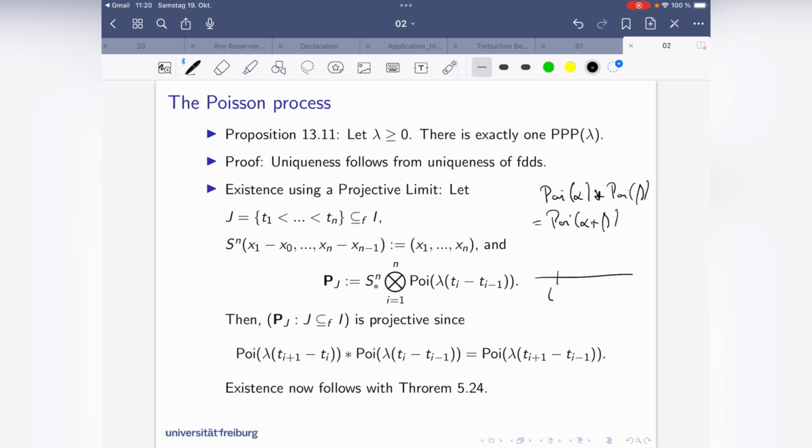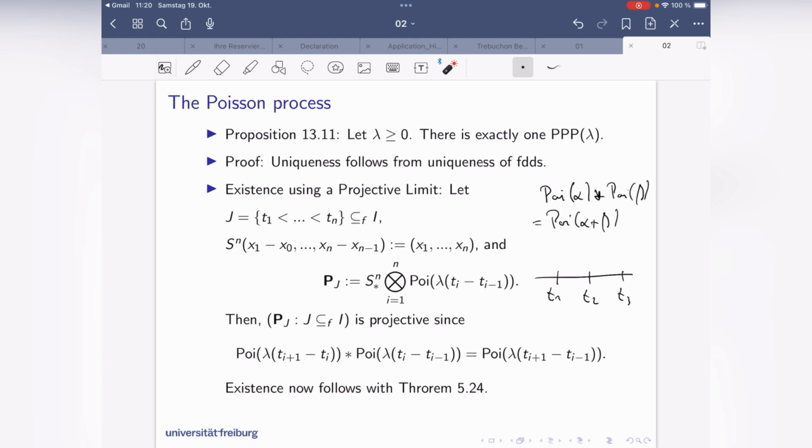If I have 3 time points, t1, t2, and t3, the increment between t1 and t3 is Poisson lambda times t3 minus t1, and that's the same as the convolution of the increment between t1 and t2 and between t2 and t3. Here's the reason. And that means if I have the 3-dimensional distribution and I project onto the 2-dimensional distribution, it's the same. That's the projective property.